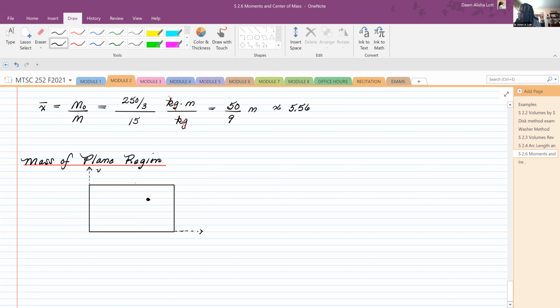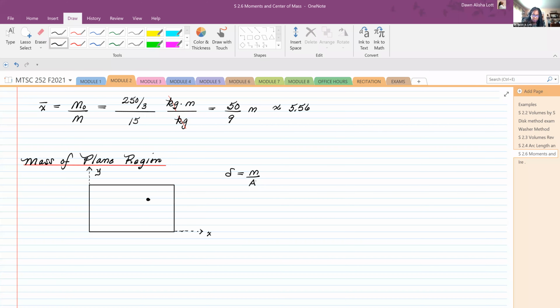And this is Y, and this is X. I'm going to have to give you a density, which is now going to be mass per unit area.